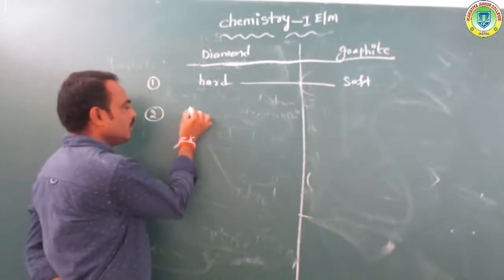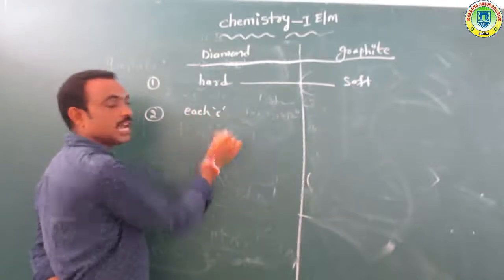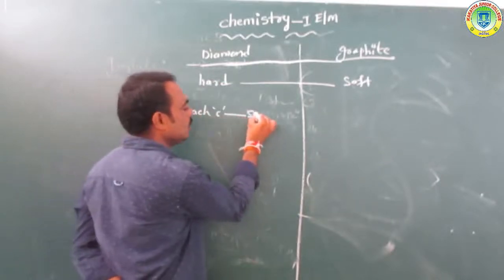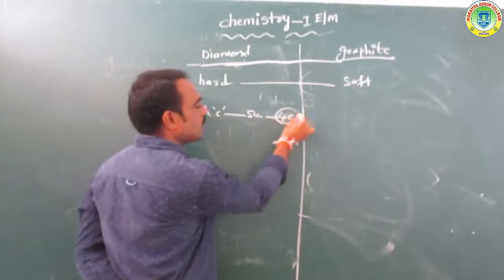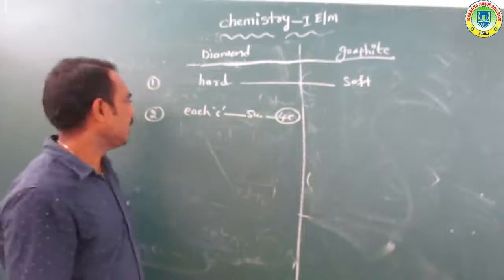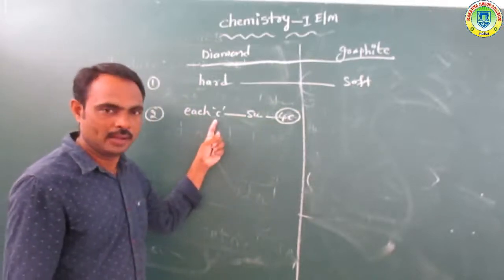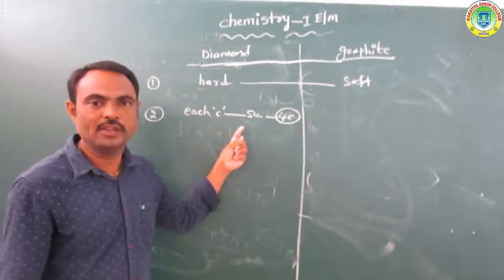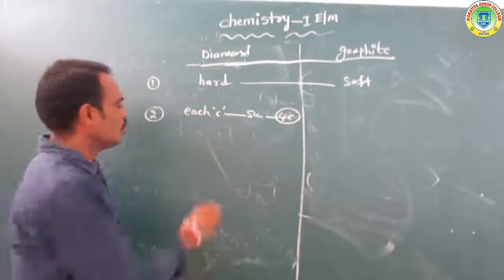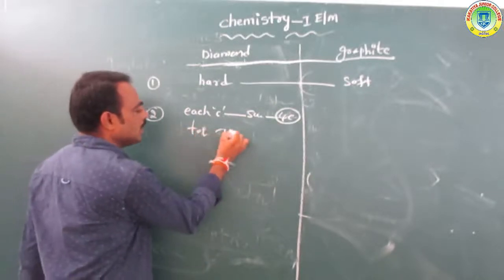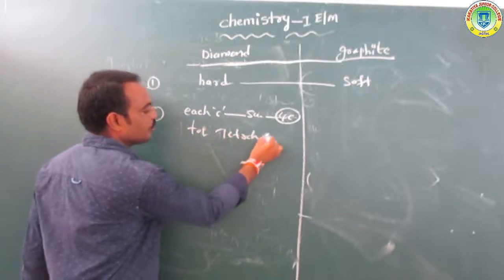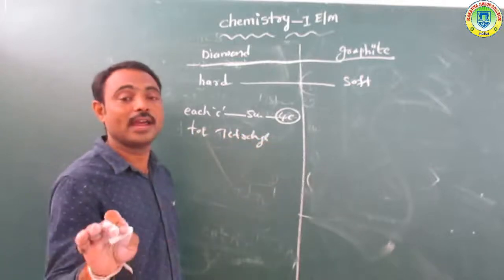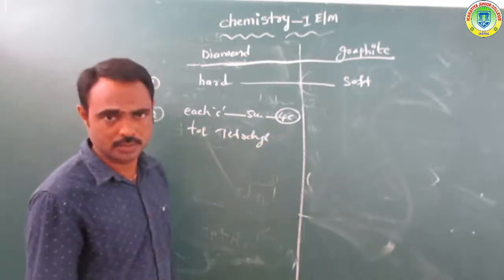Second, in diamond, each carbon atom is attached with the surrounding 4 carbon atoms to form a tetrahedral structure. Which structure? Tetrahedral structure. It is very important.